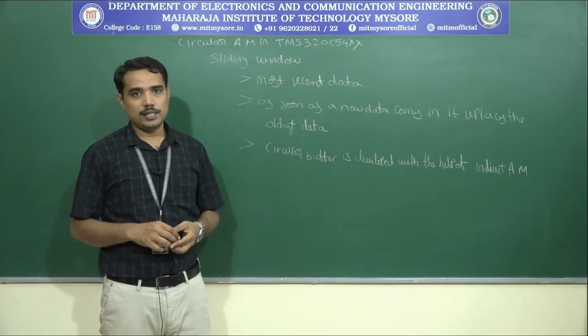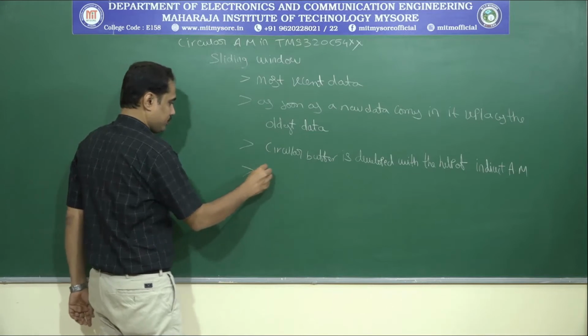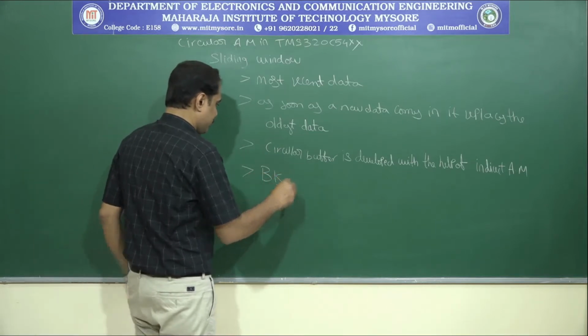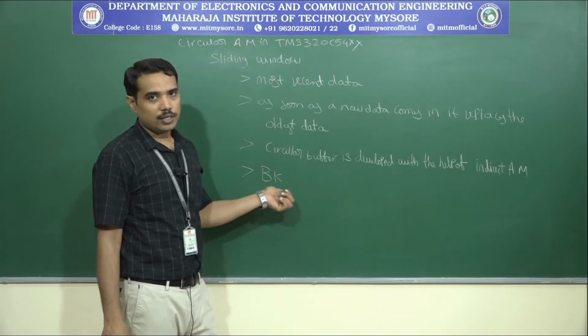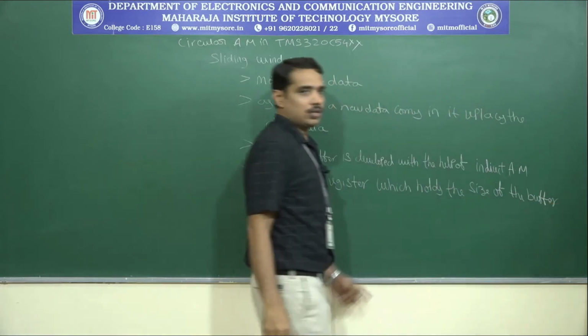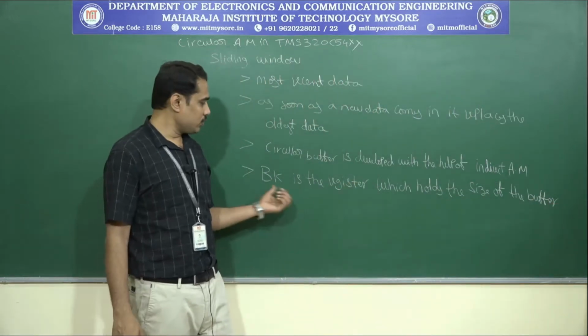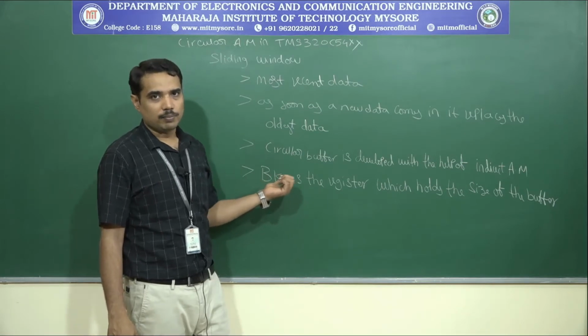Here the buffer size register is denoted by BK. BK is the register which holds the size of the buffer. In order to hold the buffer size, we are using the register, and that register is given by BK.